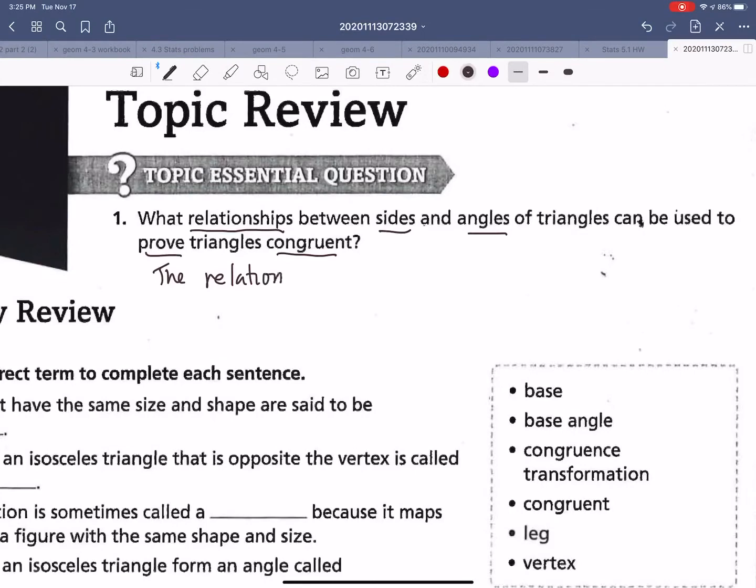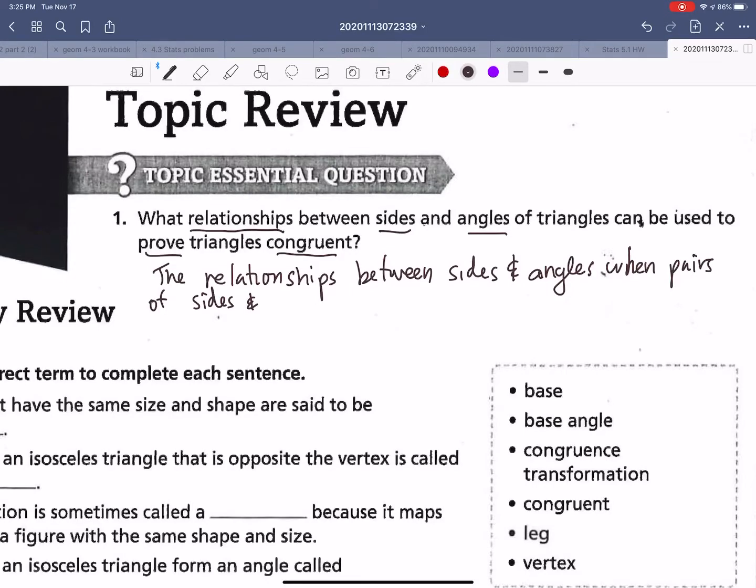So the relationships between sides and angles, when pairs of sides and angles are present in these specific orders.